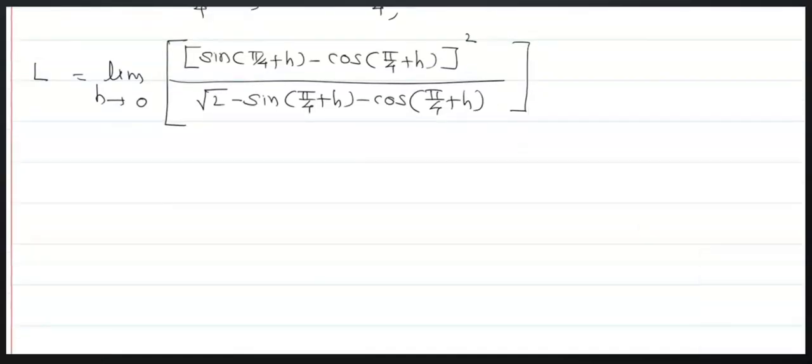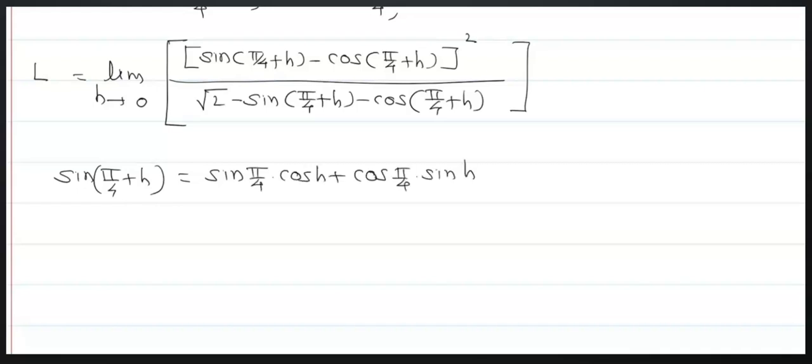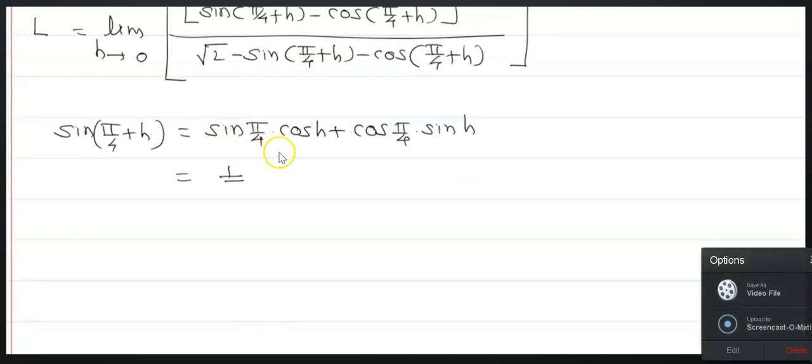Now the sin of pi by 4 plus h, sin of a plus b means what? Sin a cos b plus cos a sin b. And what is sin of pi by 4? It is 1 by root 2 into cos h plus 1 by root 2 into sin h.